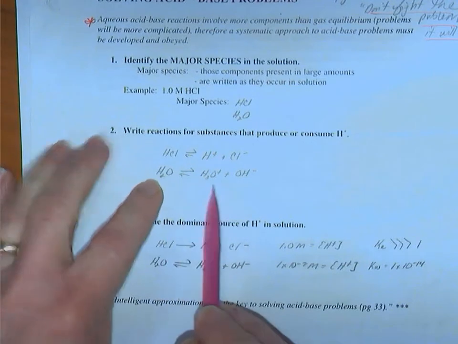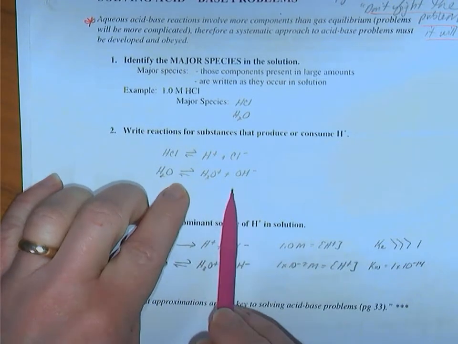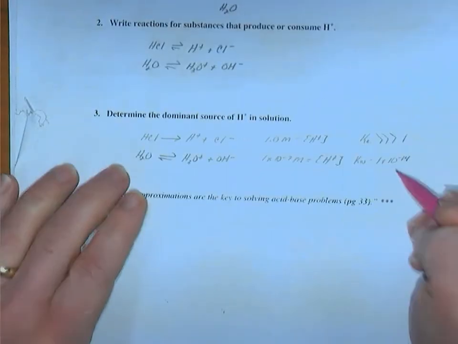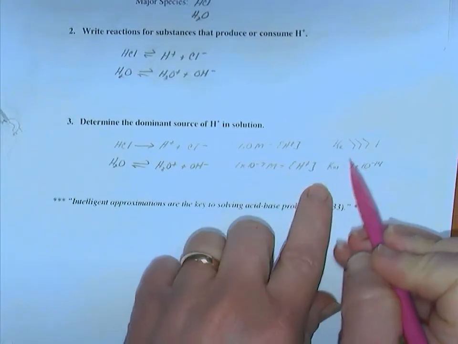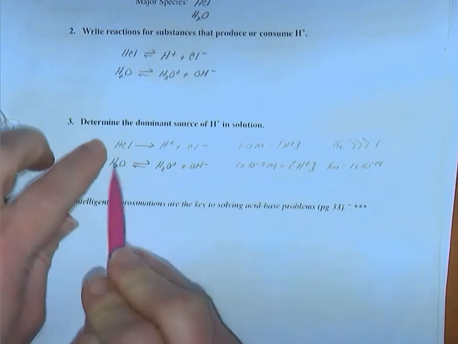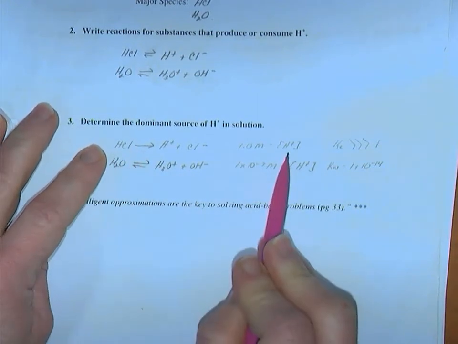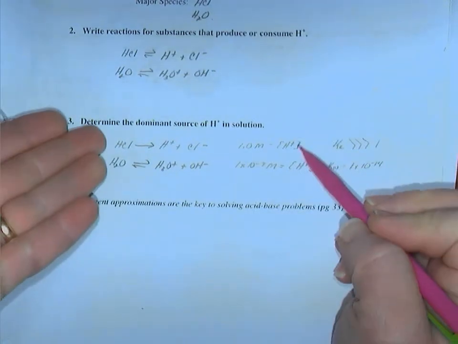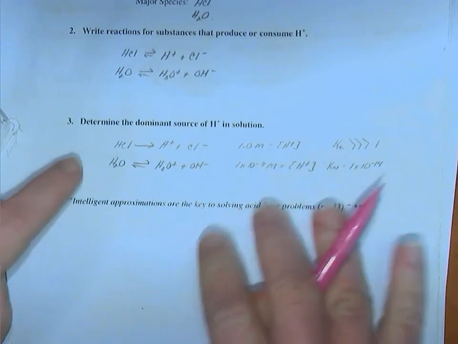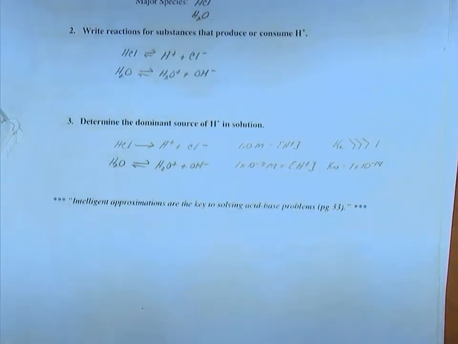But we know that this will be so minute. If we look at the Kw as comparable to the Ka, we know that this is the dominant source of the hydrogen ion. And that's all that we need to figure out: what is our dominant source, or what is impacting that dominant source? And then just go from there.